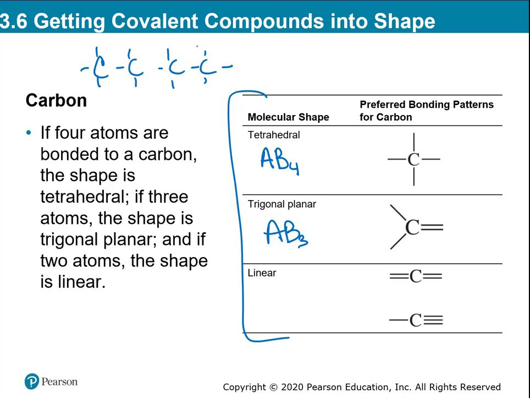If I'm looking at an atom in the molecule, as long as it has more than 1 bond, it's going to have some kind of shape. If it has 1 bond, it has no shape. It's just stuck onto something. So linear would be called AB what? 2. So it's AB2. AB2 would always have the linear shape.